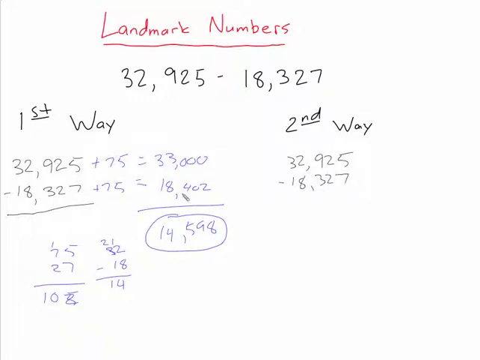Now at this point, to deal with it a little bit more, you can leave this number here and not touch it, so that's going to bring you over here to 32,925, and then here you can change this number if you want by adding to it a total of 673, and that's going to make that become 19,000 that you'll just be subtracting.